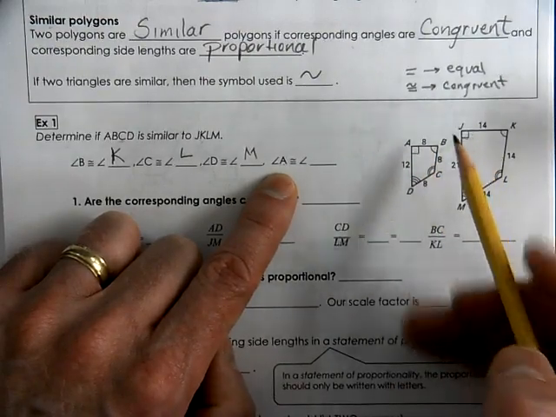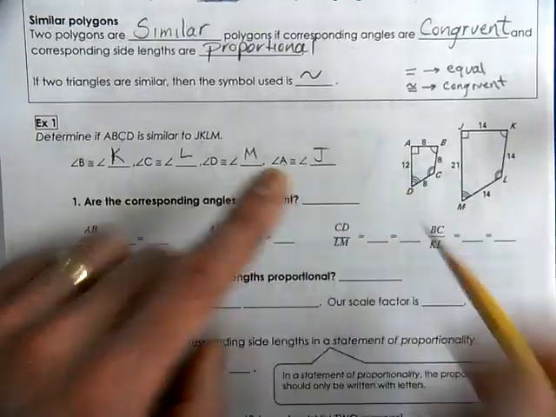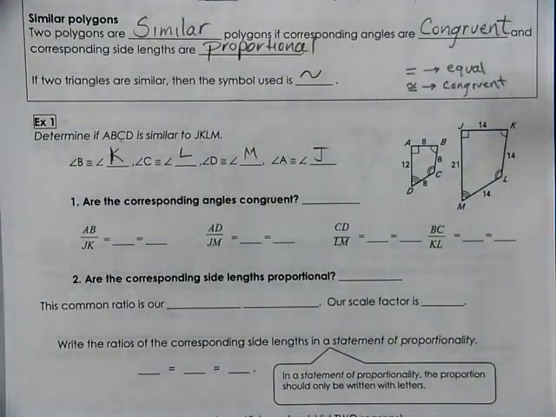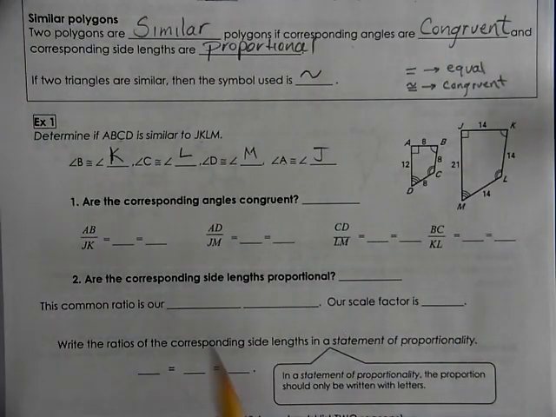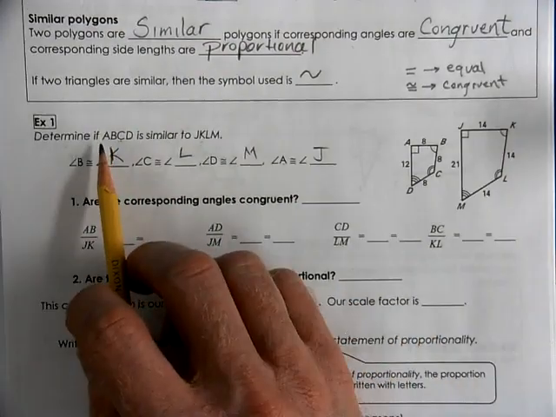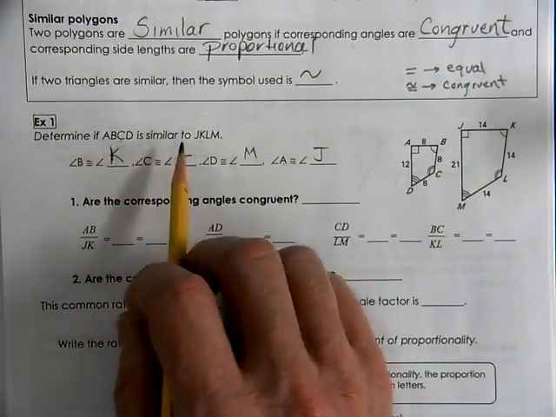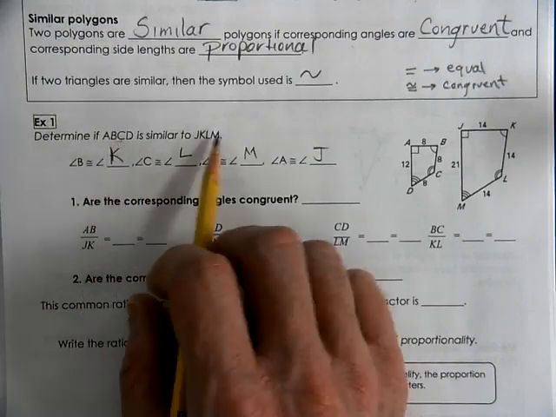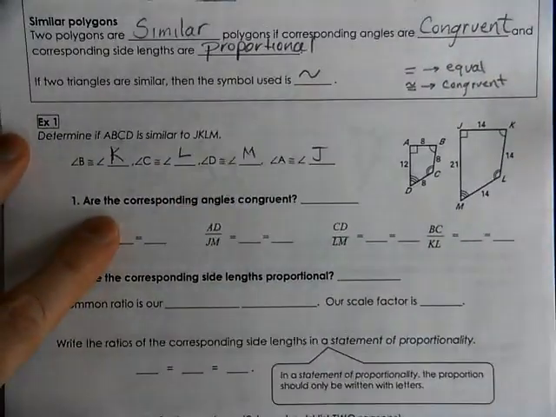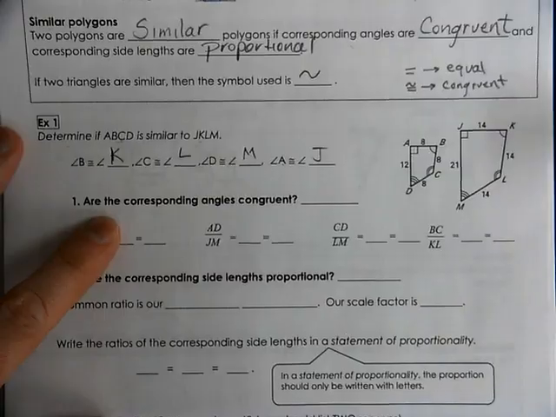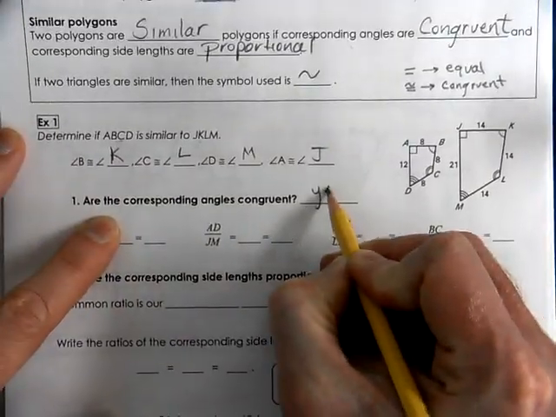So does J. So those angles are congruent to each other. So we have angles that match up, and it's in the same order as what we see in our statement above. So are the corresponding angles congruent? The answer is yes.